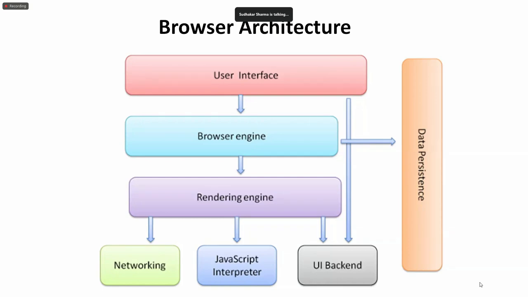And every browser has a browser engine. I hope you know the different browser engines. What is the responsibility of the browser engine? Its responsibility is to translate HTML and CSS. HTML and CSS are translated into something the browser understands.